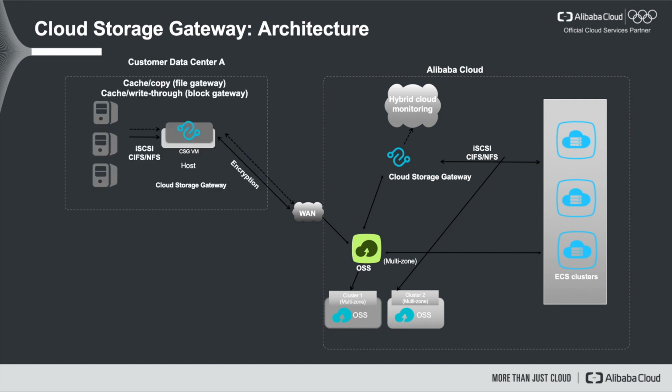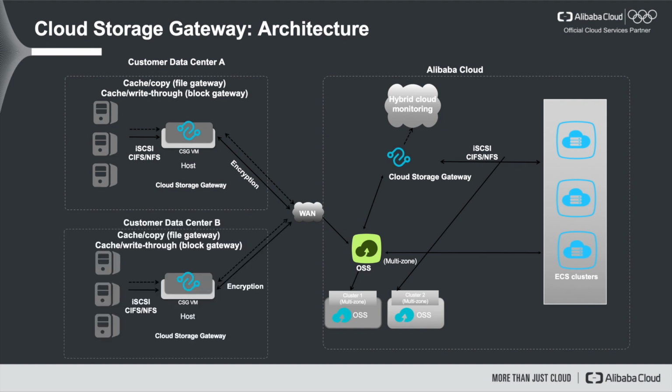On the left-hand side, there is a customer data center which utilizes the Cloud Storage Gateway. It can be either File Gateway or Block Gateway. File Gateway is CIFS or NFS protocol, and the Block Gateway is iSCSI protocol. Of course, there are no limits.